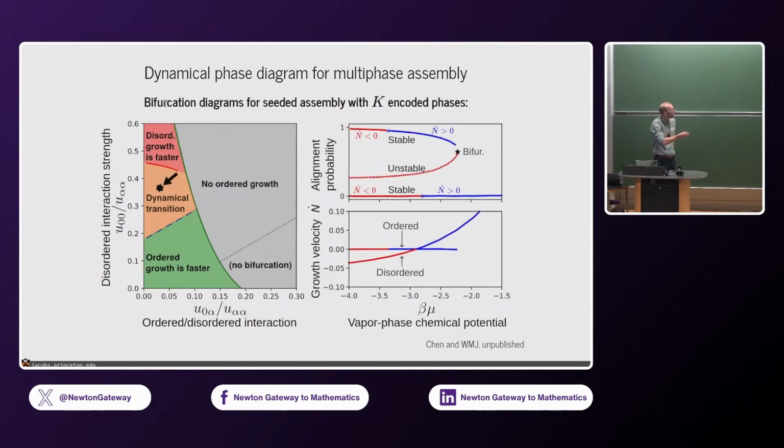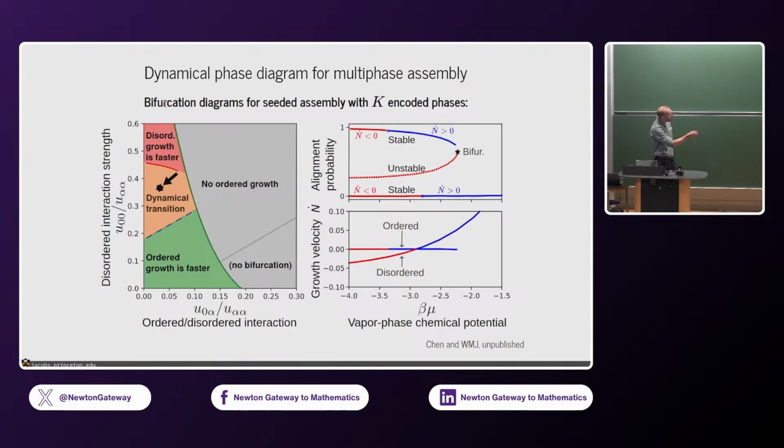And this one is essentially the stability of this random phase that could possibly grow. And I want to draw your attention to a particular regime that I think is quite important and also quite surprising. This orange region here, labeled dynamical transition, is where we get a bifurcation diagram that looks something like this on the right. Essentially, what it's telling us is that we have a possibility for two different types of phases to grow.